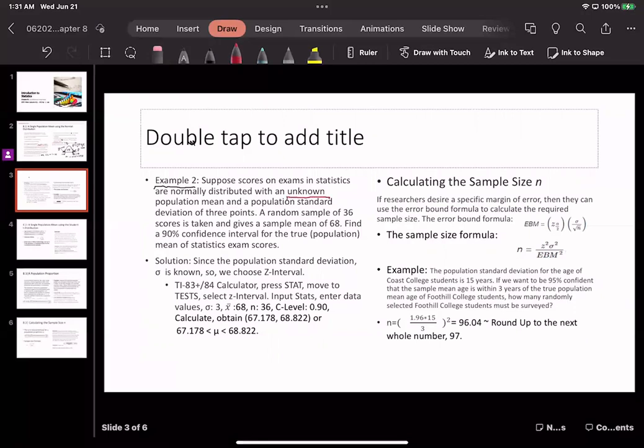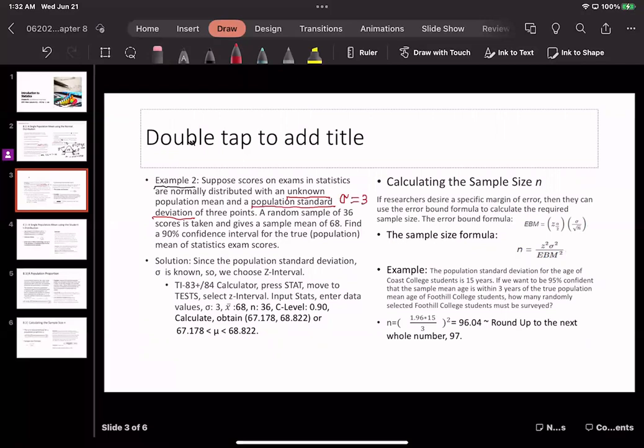Pay attention: unknown population mean, but we do have a population standard deviation of 3 points. Sigma is 3.